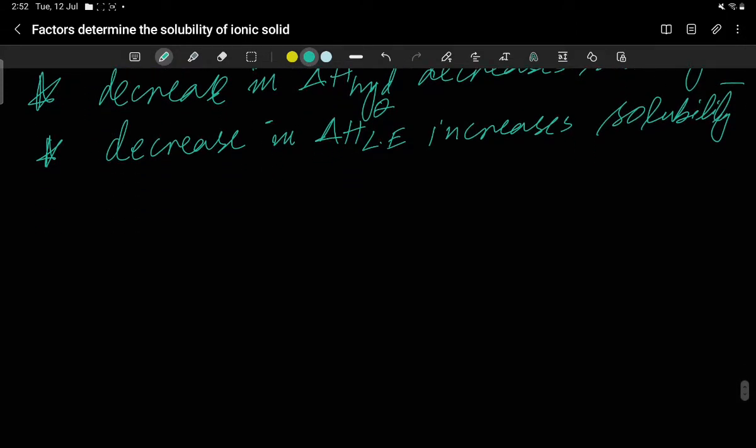Now I will be discussing the trends in the solubility of sulfates of group 2 and hydroxides of group 2.